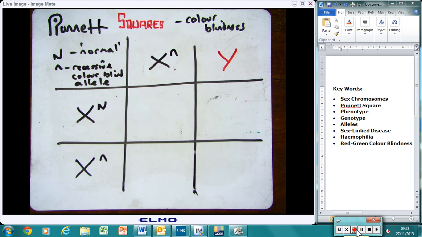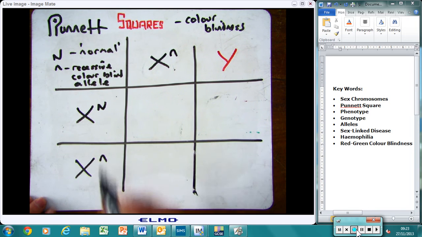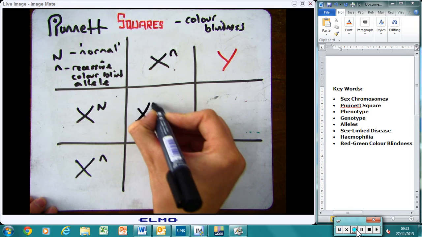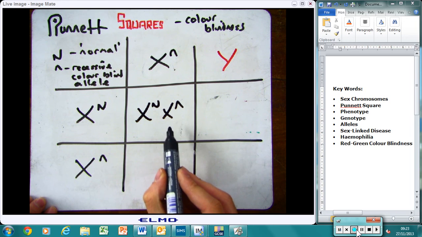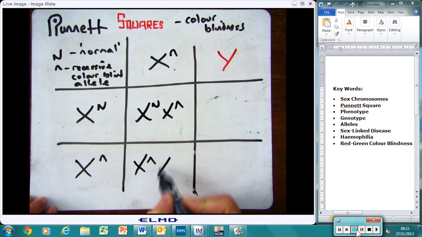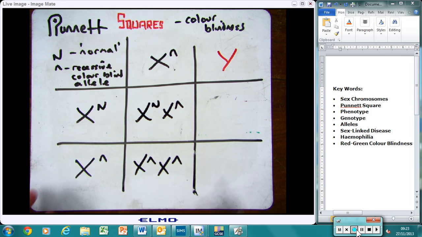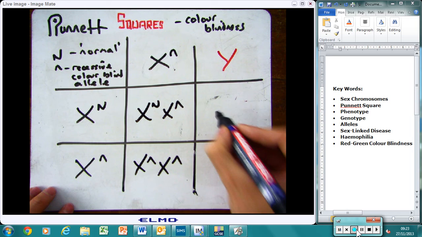In this example, if you had a colourblind male and a carrier, these are the possible combinations you would have. So, this person would be a carrier. This would be a female that had the disease, so had colourblindness.